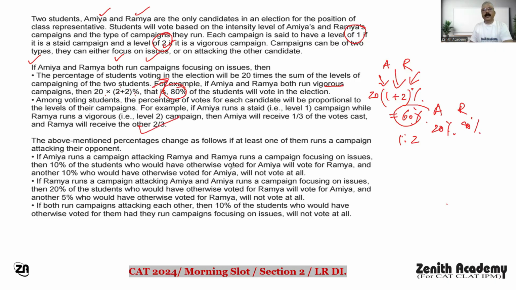And here, if at least one of them runs a campaign attacking the other candidate, then the conditions are given. Like if Amya runs a campaign attacking Ramya and Ramya runs a campaign focusing on issues, then, in any possible combination where both are running level 1, the voting will be 20 into 1, that is 40%. This 40% voting will be shared between Amya and Ramya.